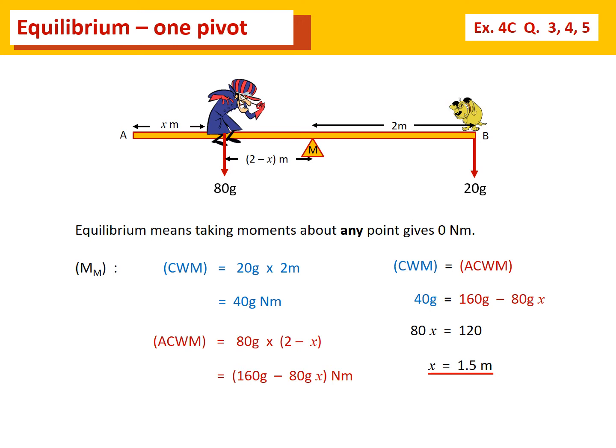So x equals 1.5 meters. And I recommend then you turn to exercise 4C and have a go at questions 3, 4 and 5. You might want to pause the video because I'm going to press on with the next section.